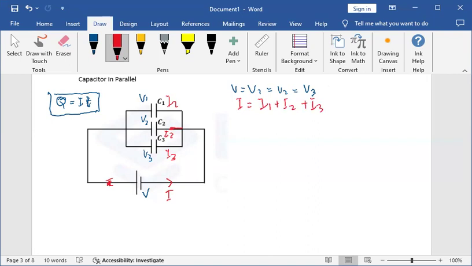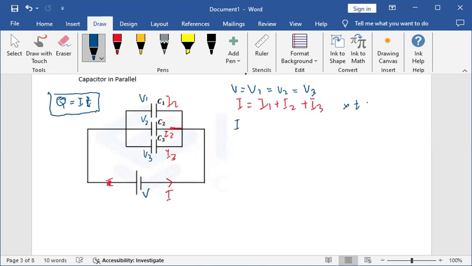And next, based on I, we know that if the current flows at the same time, what if we multiply by time T?